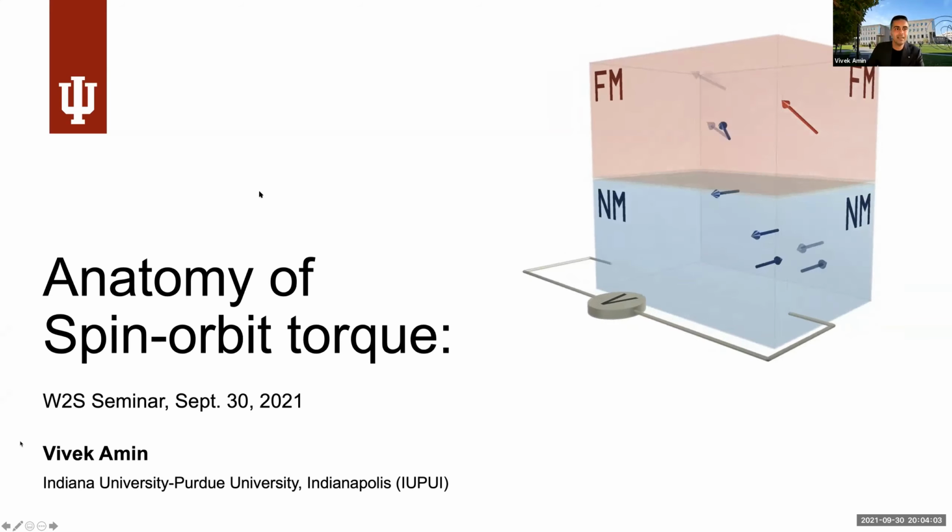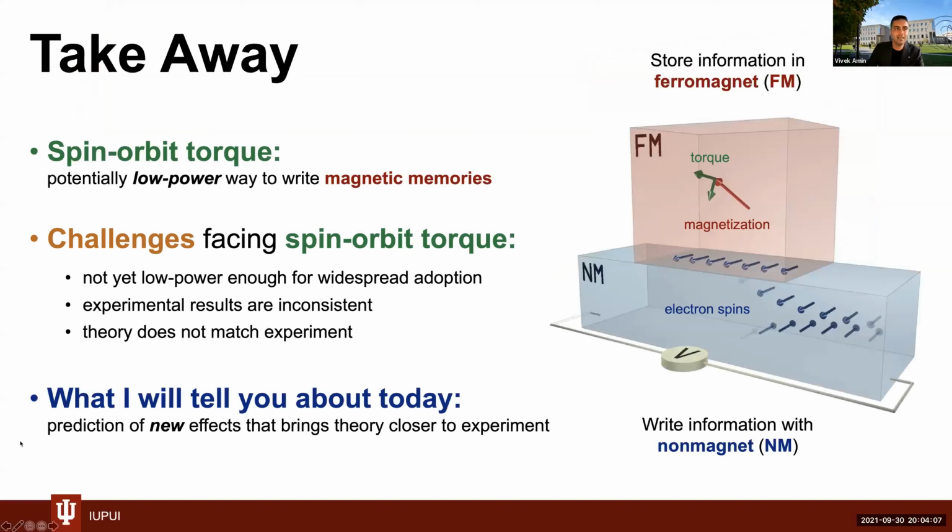So let me start off with what I'd like you to take away from this talk. Spin-orbit torque is essentially a low power way to write magnetic memories. Over to the right of the screen, I'm showing a cartoon example of what a bit in a magnetic memory might look like. You have this non-magnetic layer underneath a ferromagnetic layer.